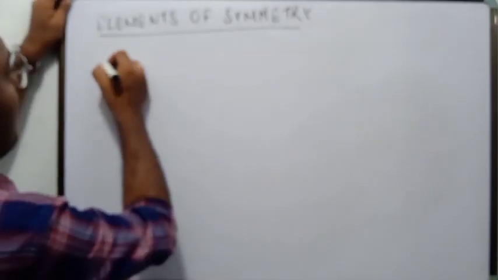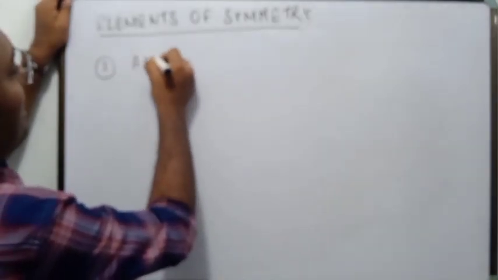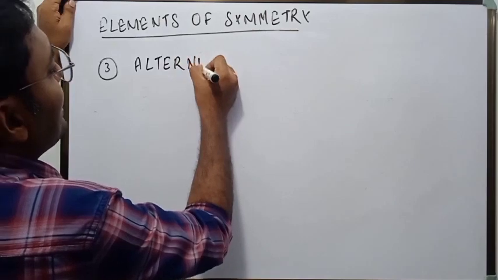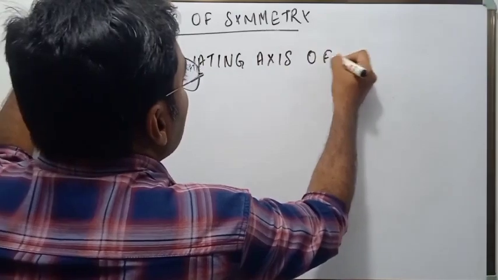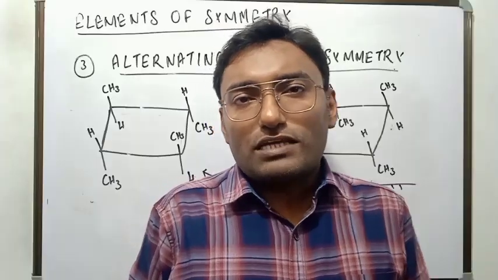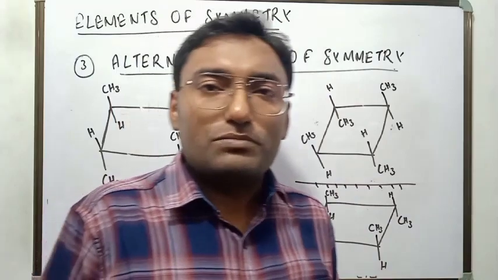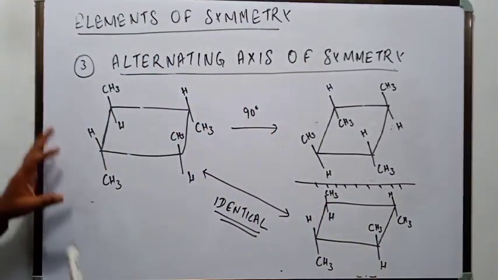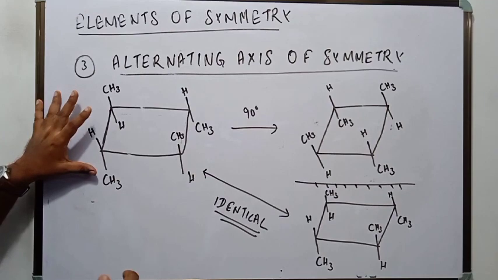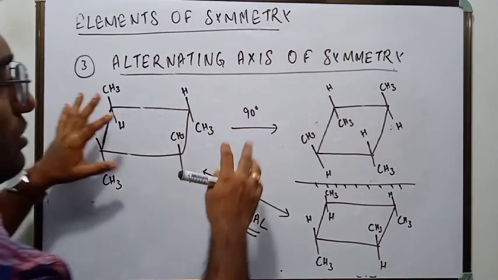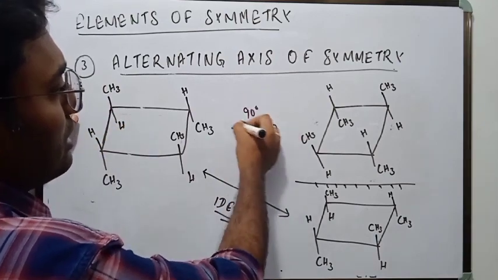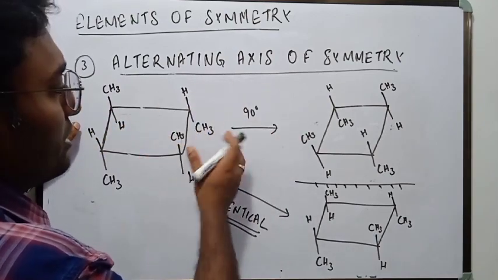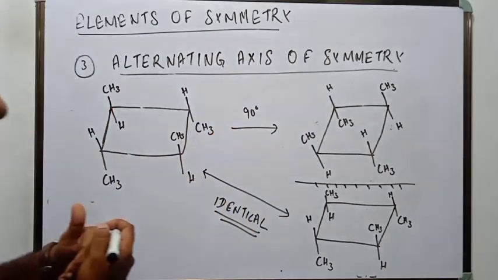the third criterion to know whether it is chiral or achiral. The third is the alternating axis of symmetry. So let us see what it is. A molecule is said to have an alternating axis of symmetry if it can be rotated at predetermined angles of rotation, overall up to 360 degrees.